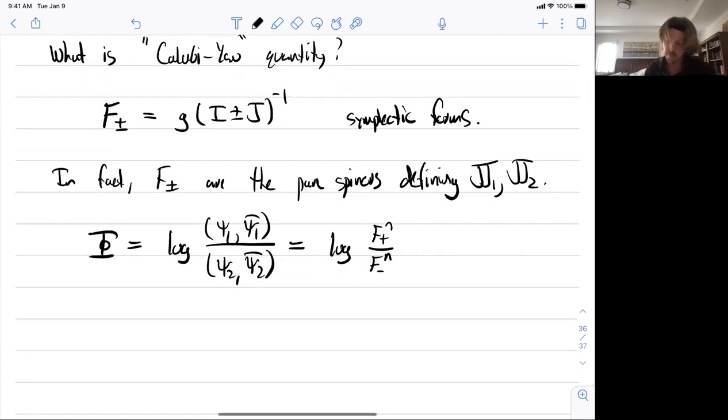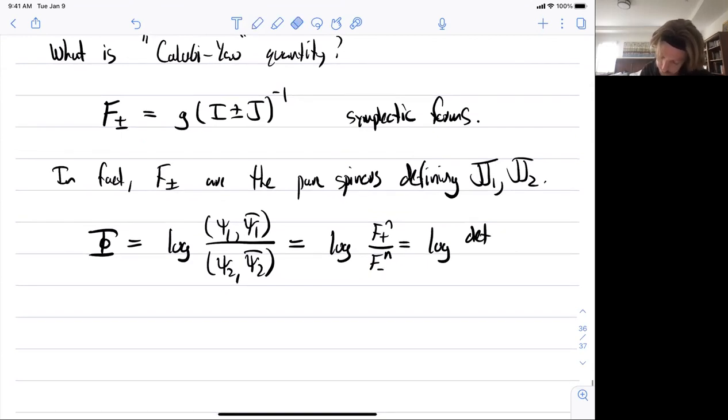Anyways, it's the logarithm of the ratio of the volume forms associated to F plus minus, or even more simply, we can express it purely in terms of the complex structures. There are probably some signs I need to get right, but log determinant I minus J over determinant I plus J. In any case, up to some constant factors, this should be right.